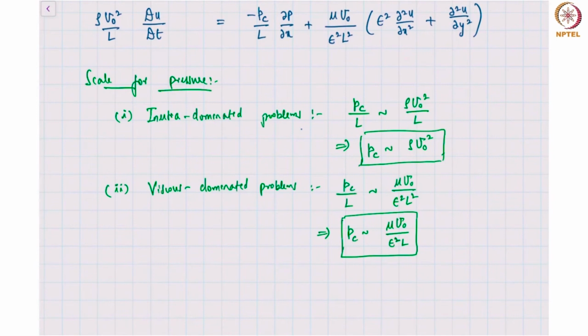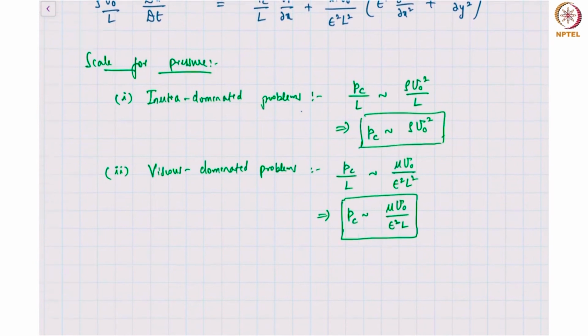Now we anticipate that we are in the lubrication problems. The pressure is one of the most important ones, and pressure is what supports the load. Further, by thin gap approximation, we are also saying that the Reynolds number is small, and I will explain in what sense the Reynolds number is small, or in what sense the inertial term is not very important in these problems, in a few minutes.